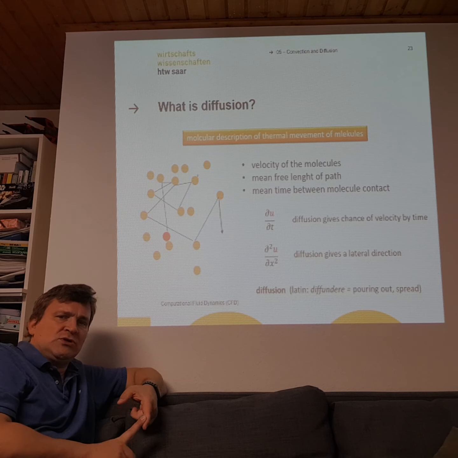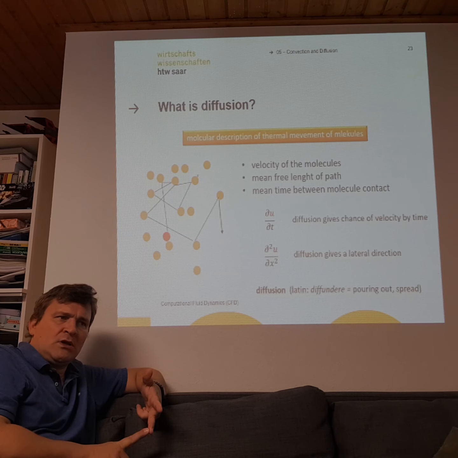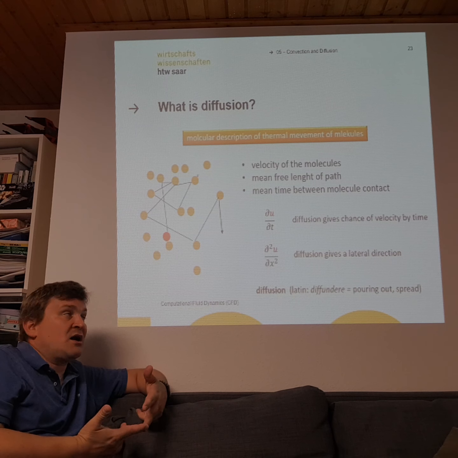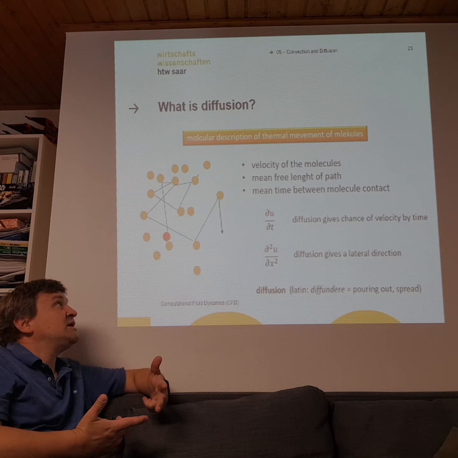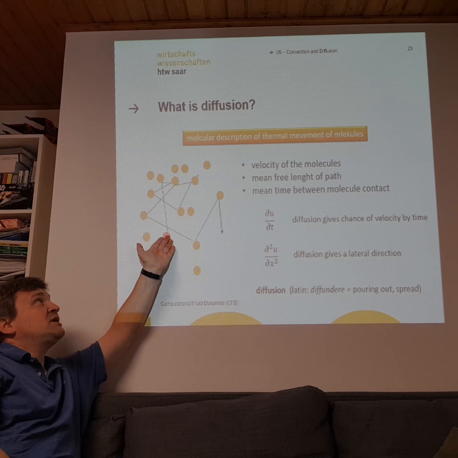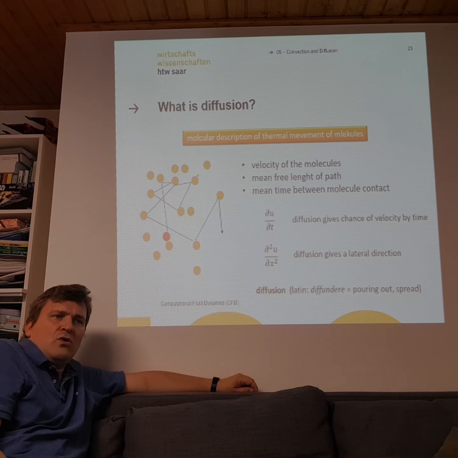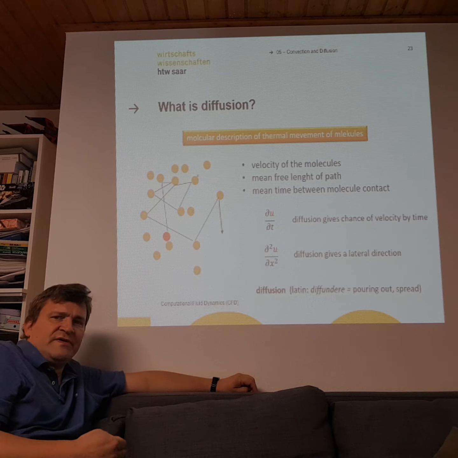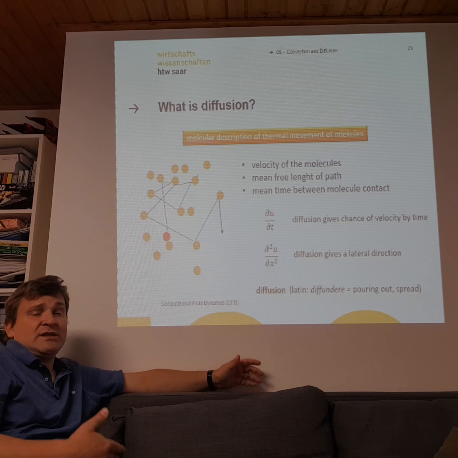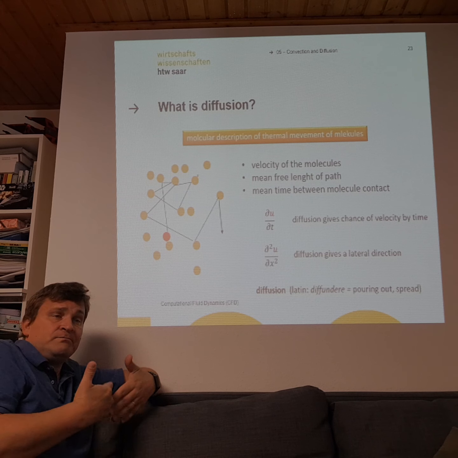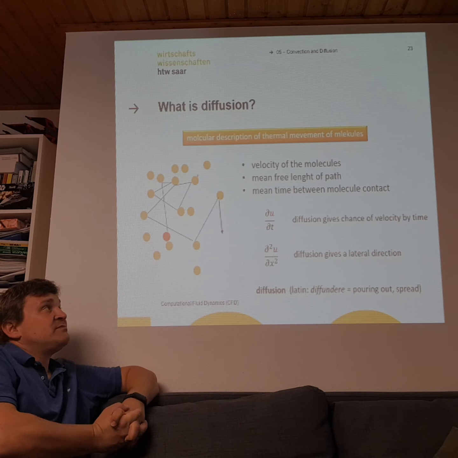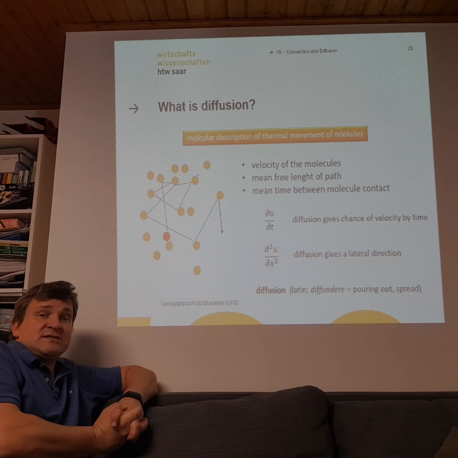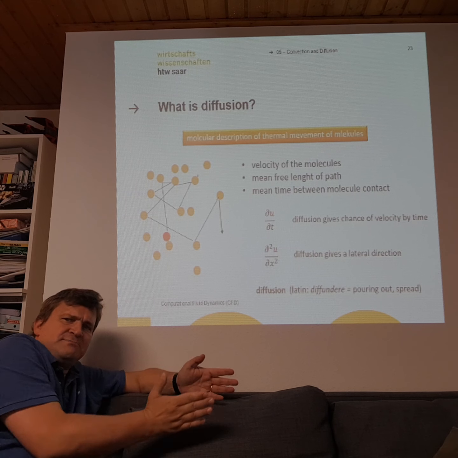Every sugar molecule or every particle from the paint of your magic marker in the water will travel and it will move. All the molecules, the paint molecules or the sugar molecules, they always move, and even the water molecules and the air molecules will move. It is driven by the so-called Brownian movement of the molecules, and this movement is really fast, but it's not in any special direction.